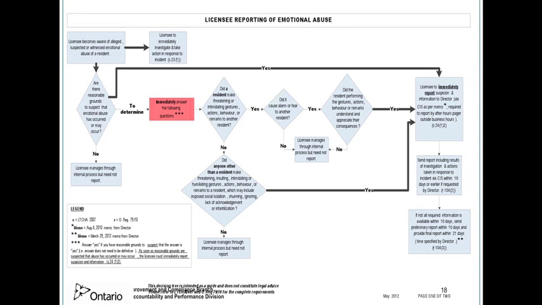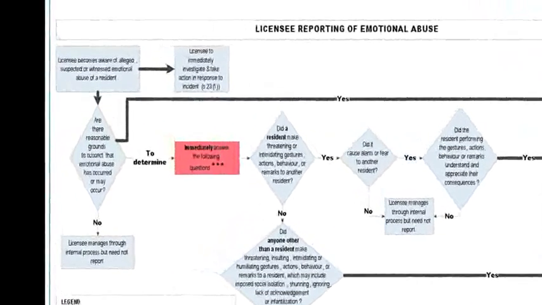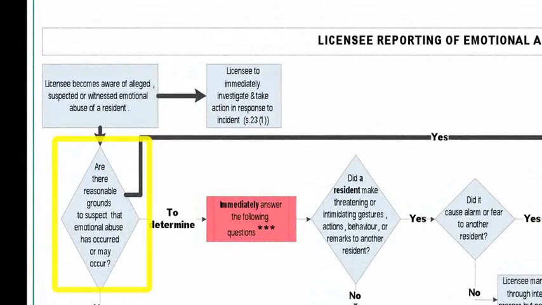We also say to people that even right at the start, the real question is always, are there reasonable grounds to suspect that this kind of abuse has occurred or may occur? If you're the person who will be reporting, who has walked into a room and you saw somebody being abused, you witnessed it, then you have more than reasonable grounds.